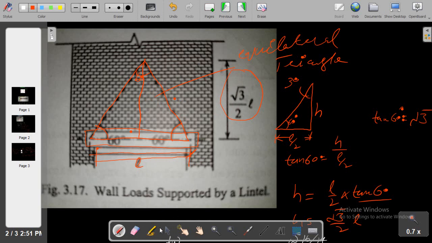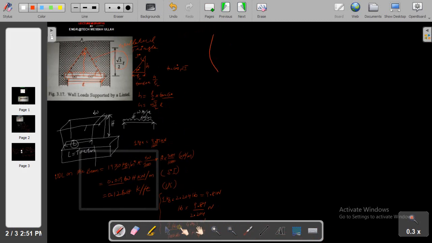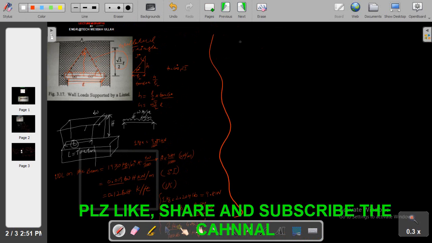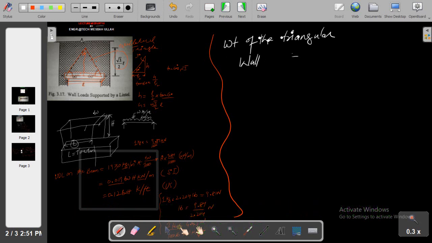So let's do the calculation. The calculation is simple. Weight of the triangular wall portion. So it will be equal to, remember the density of the masonry wall in kilonewton per cubic meter is 18.9.